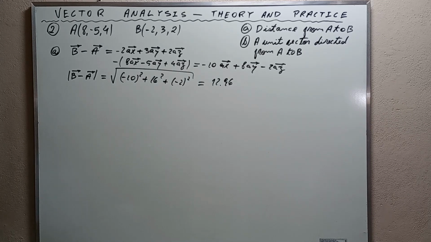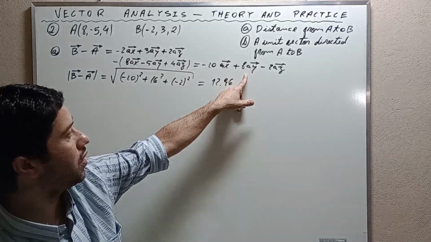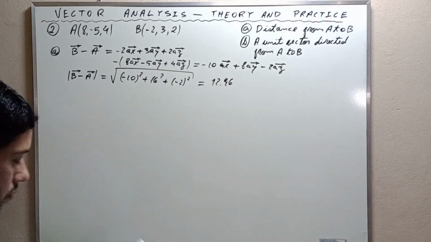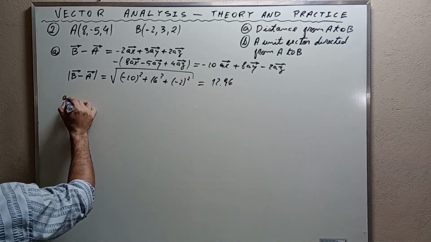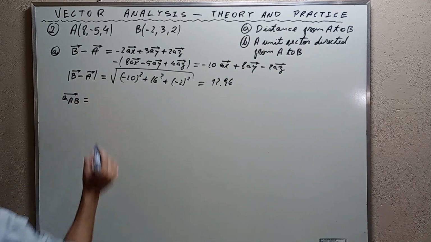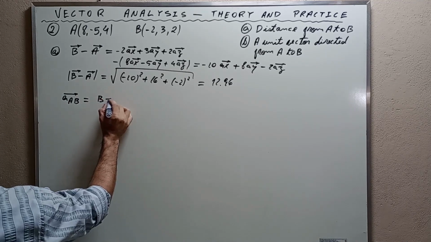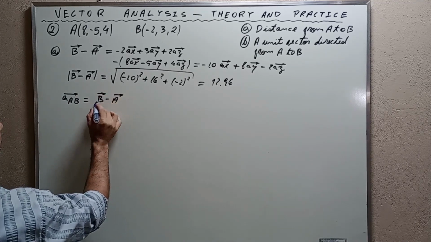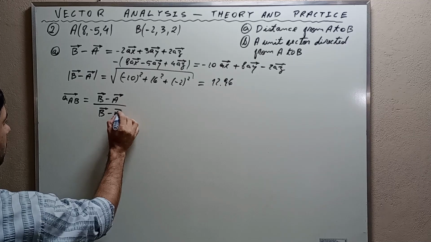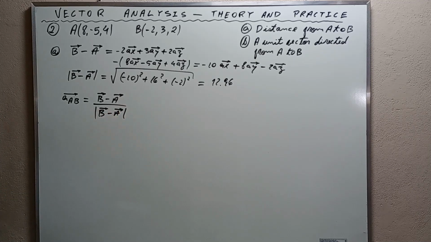Letter B now, a unit vector in the direction from A to B. How do we find a unit vector in the direction of this vector here from A to B? We simply divide the very vector by its magnitude. So the unit vector from A to B is equal to vector B minus vector A divided by the magnitude of this vector.